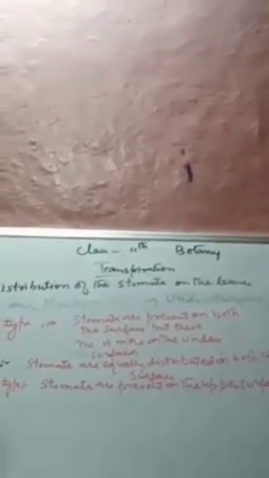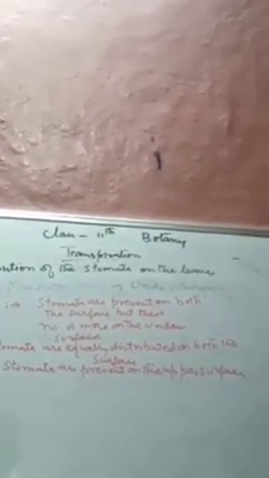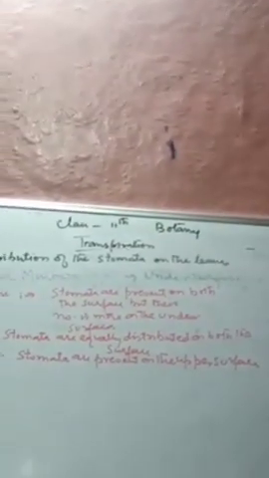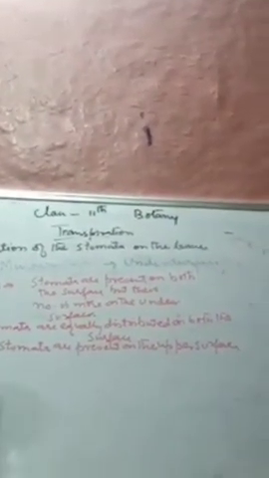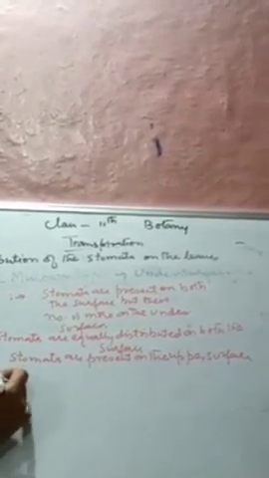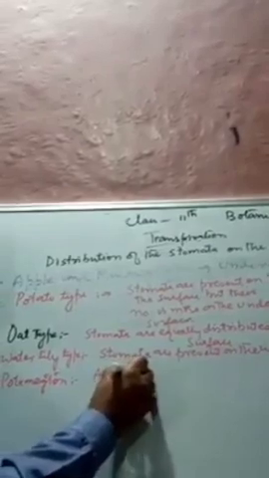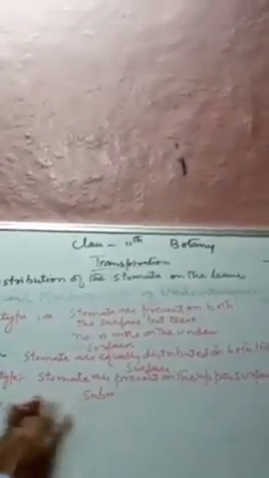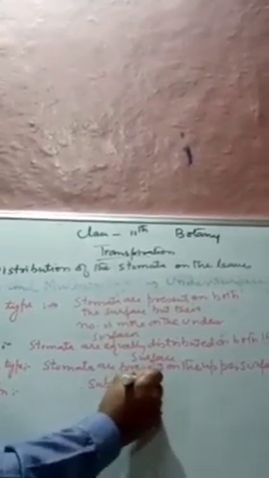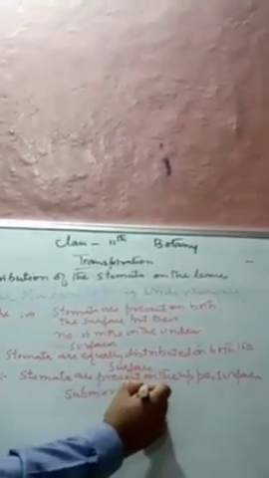And we have the last one, that is called the potamogeton type. In this type, stomata are mainly found in aquatic submerged plants.